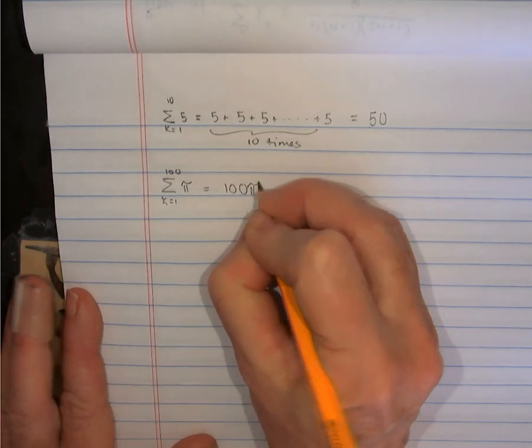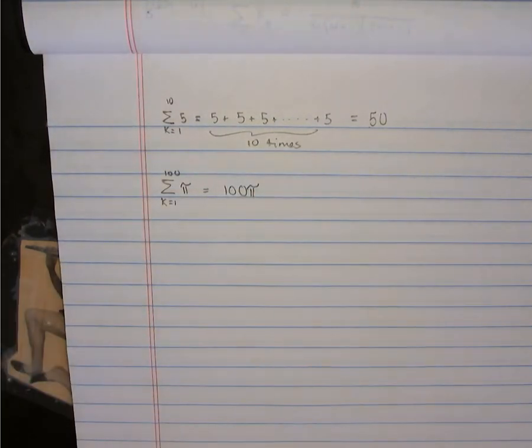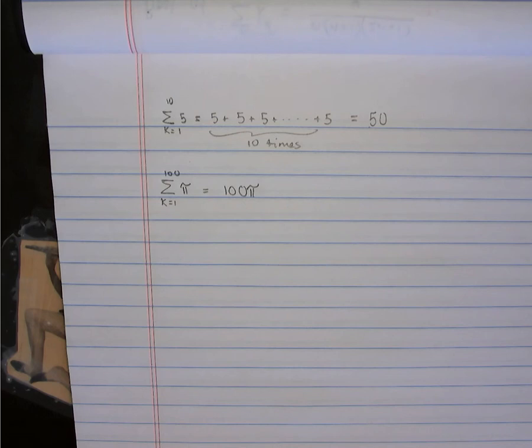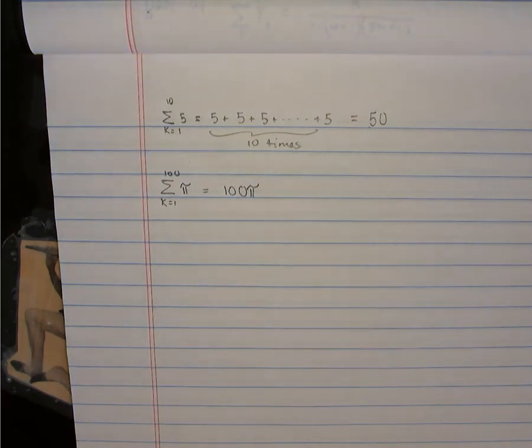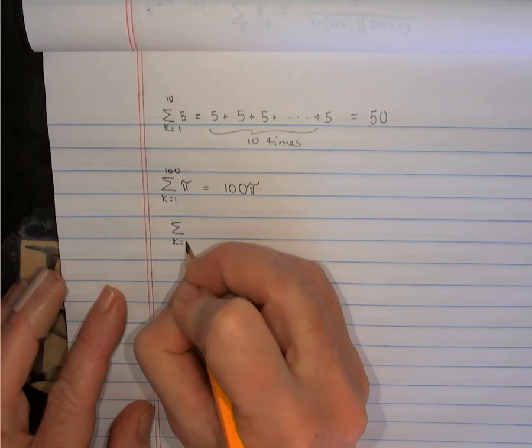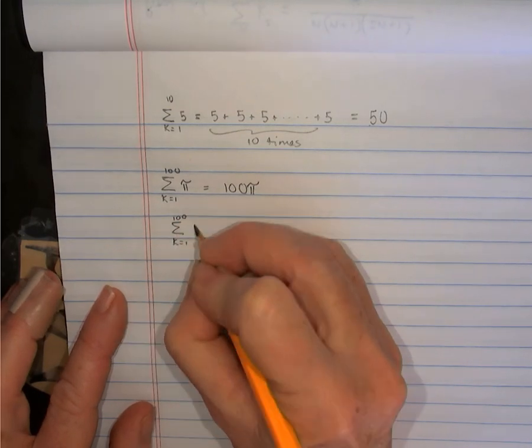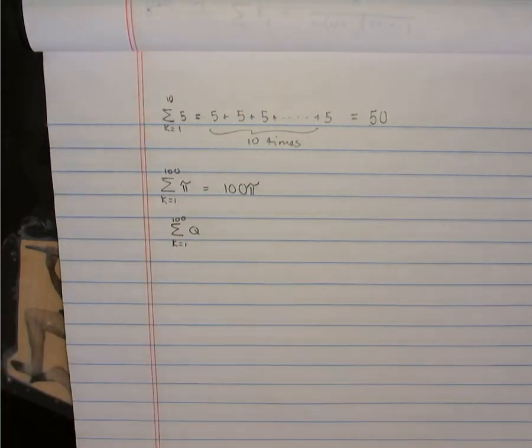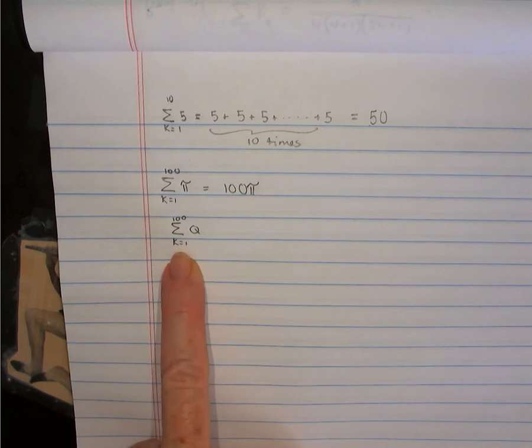And here's the one thing that you need to guard against. The one thing you need to guard against is what's a constant going to be. So even if I gave you something like this, k goes from 1 to 100 of q, here's the thing. Because I've defined our variable right down there at the bottom, the only variable we have is k.